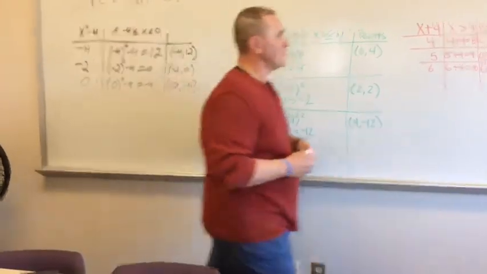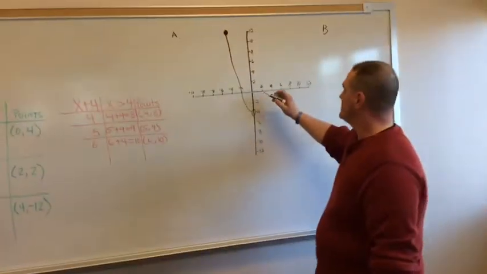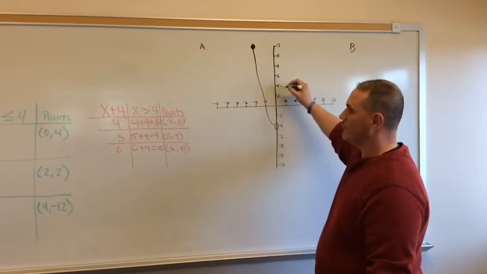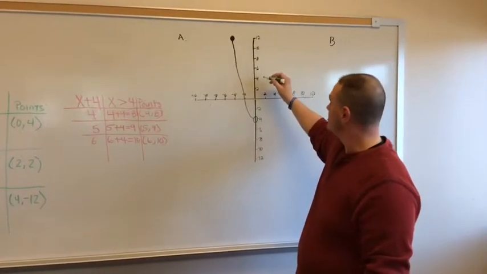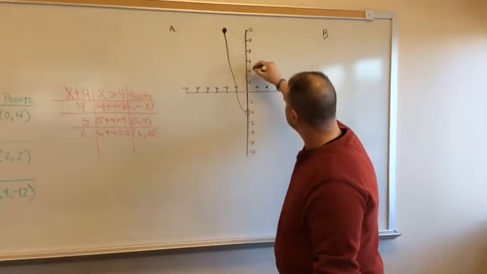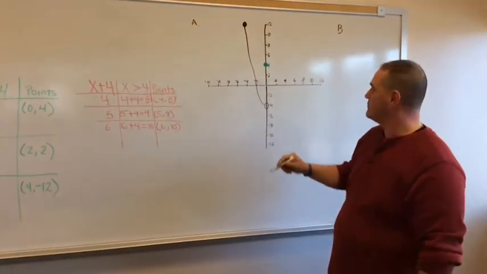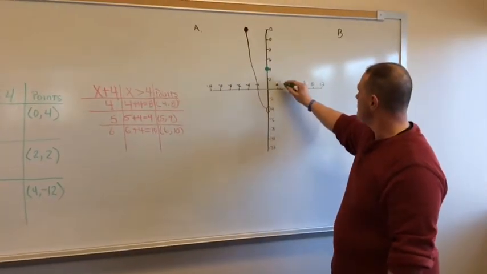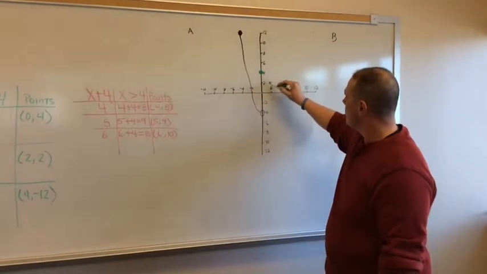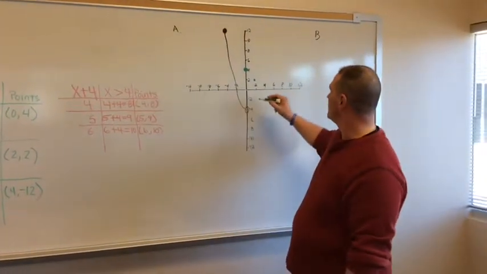So when we come over to the graph, my first point is at (0, 4). And because of it being equal to, it's going to be a closed circle. I did a second point of (2, 2) for reference. And then on my third point, I have the 4 and the negative 12.